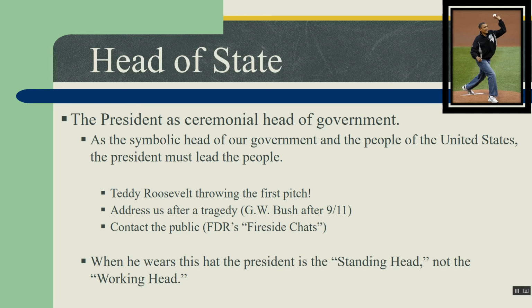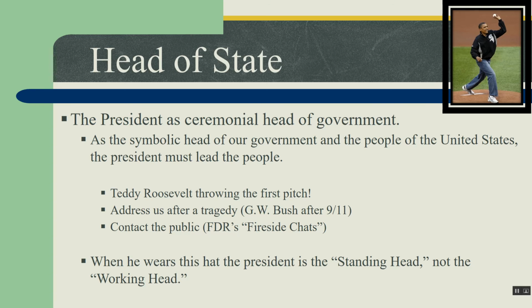Something similar happened under FDR. When he came into office, our country was dealing with a number of huge national issues like the Dust Bowl, World War II, and yeah, that Great Depression. And people wanted to know what they could do to help us overcome these obstacles. So what did FDR do? Well, he used his position as our head of state to address the American people in a series of radio addresses called fireside chats.